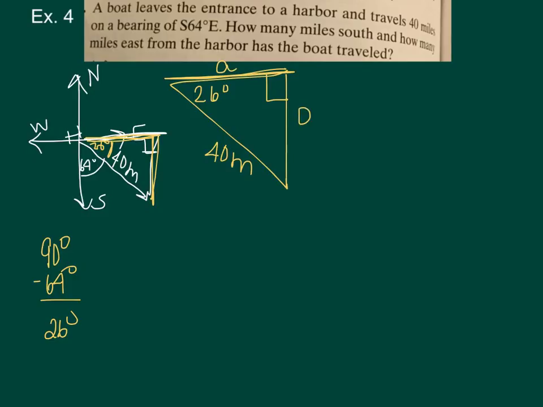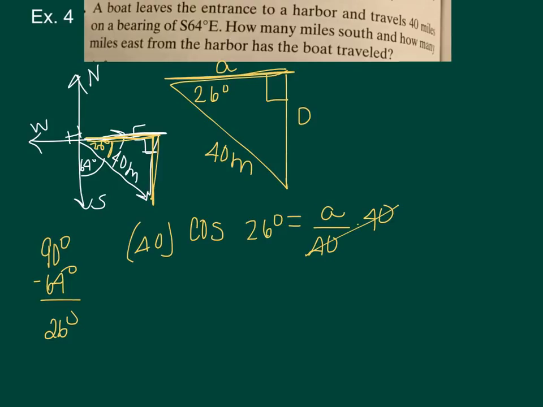So first I'm going to use cosine. Cosine 26 degrees equals adjacent over hypotenuse. Multiplying both sides by 40, you should get 36 miles east.